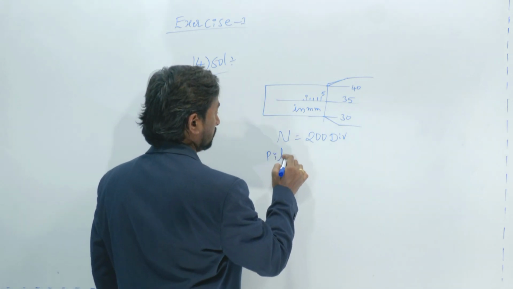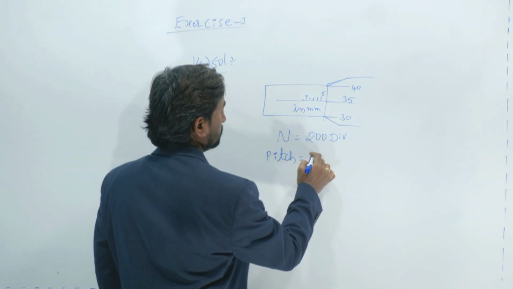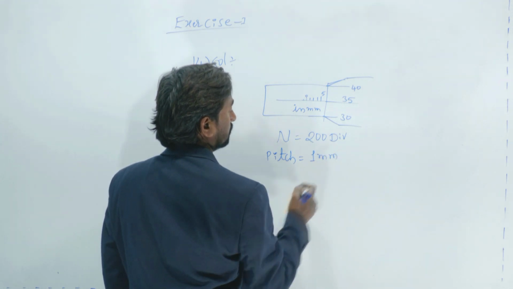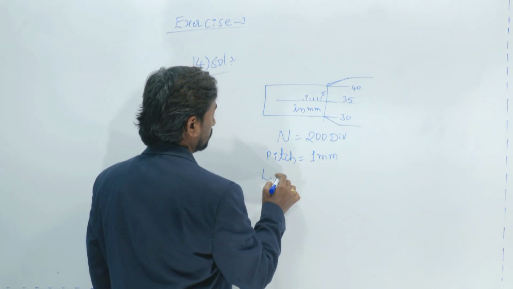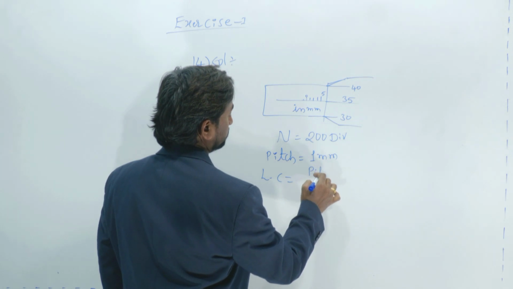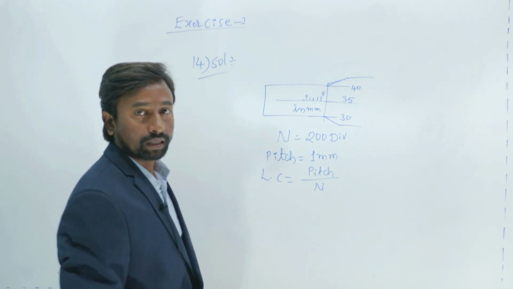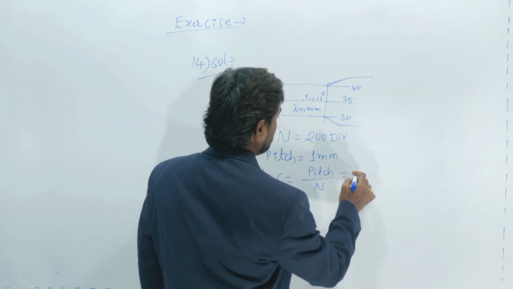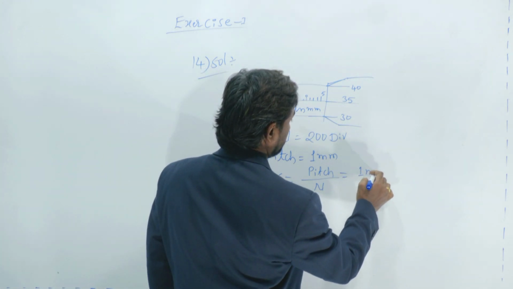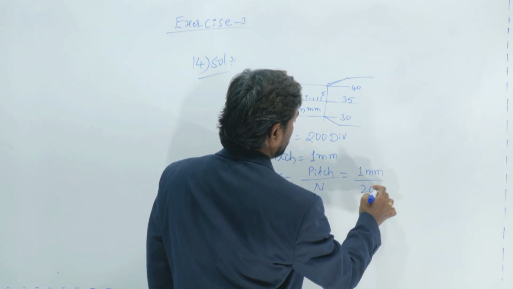So the pitch is equal to 1 mm. Now the least count is the pitch divided by the number of head scale or circular scale divisions. So we write 1 mm divided by 200.